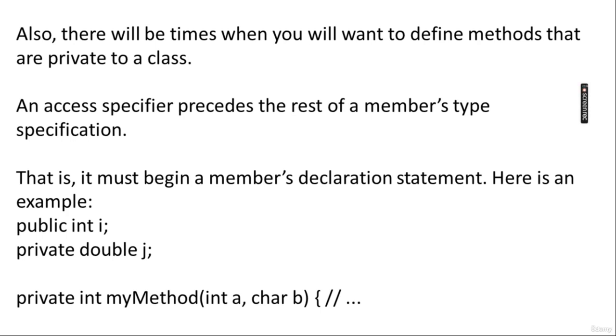You should begin a member's declaration with the public or private access specifier. So this is the example: public int i; private double j; private int myMethod(int a, char b). So methods can also be declared with an access specifier. Those can also be private, public, or protected.